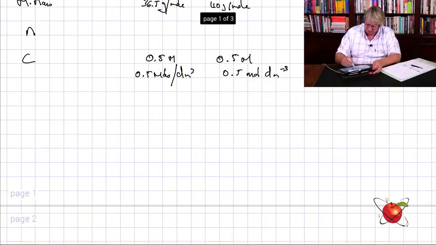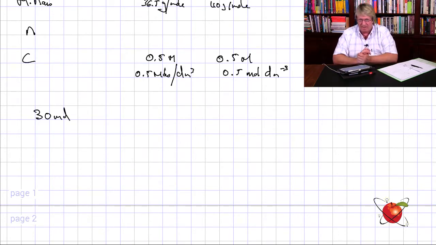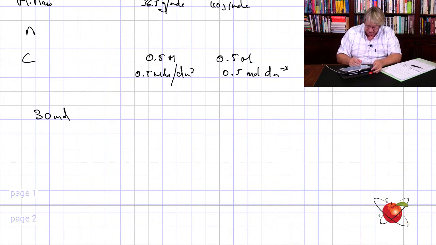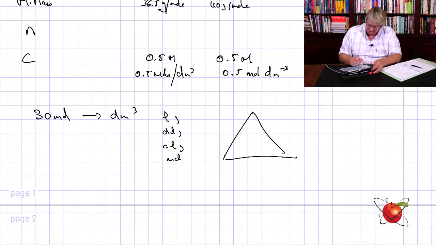So let's take this first of all and go down. Let's convert 30 milliliters. Now we've got to get that up to decimeters cubed. And remember, we've got that little triangle thingy. Now in this case, we've got milliliters, centiliters, deciliters, up to liters. So let's go up. We're going to be dividing by 1,000.